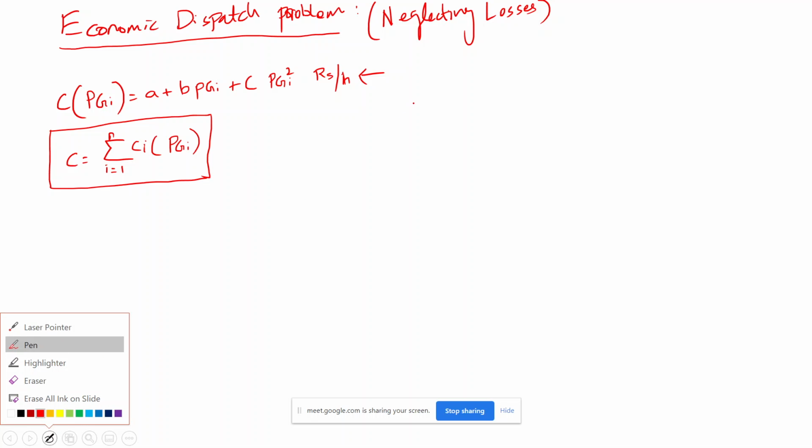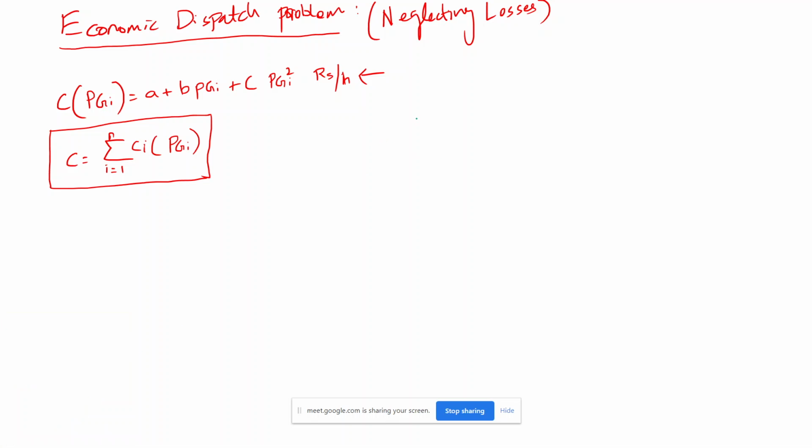So I will write here: objective function, which I will simply call OF. The objective function is that I want to minimize this cost, MIN.